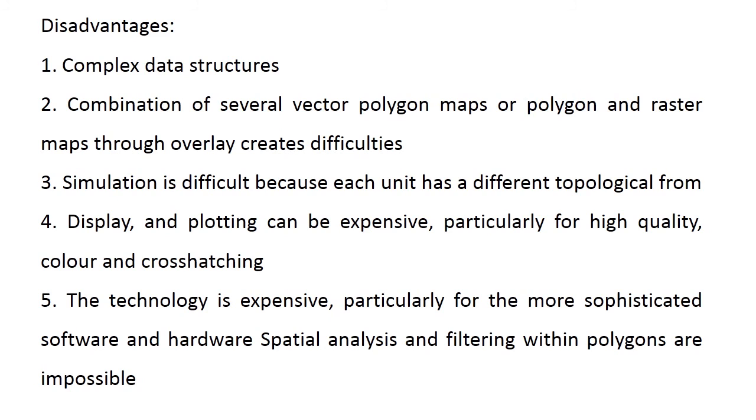Means if we are overlaying a raster and vector together, there can be difficulties in adjusting the cells and lines or entities. Simulation is difficult because each unit has a different topological form. Means each and every point of vector data has a different type of simulation. So it is very difficult in the vector data model.